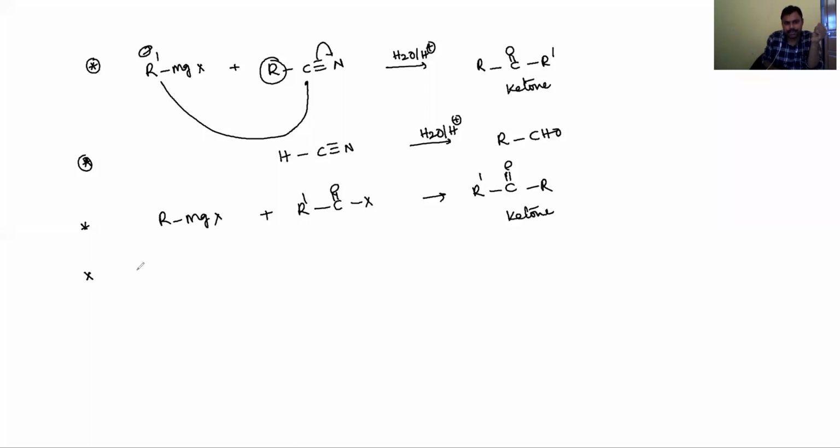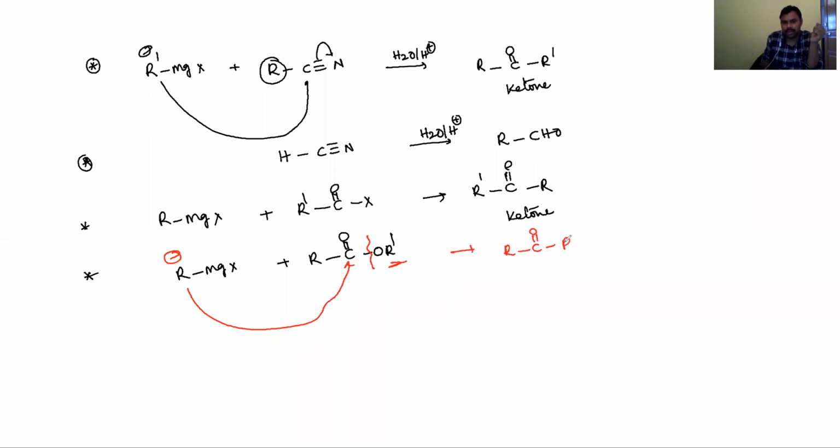Next, in the same way, the Grignard reagent RMgX reacts with esters, RC(=O)OR'. The negative ion attacks the carbonyl carbon. The O minus and OR group comes out and produces RC(=O)R. Ketones are the products.